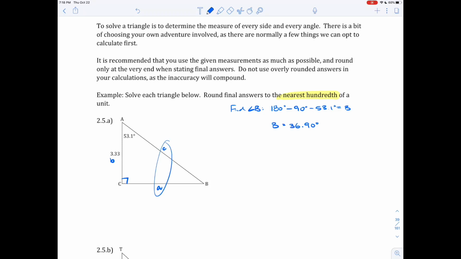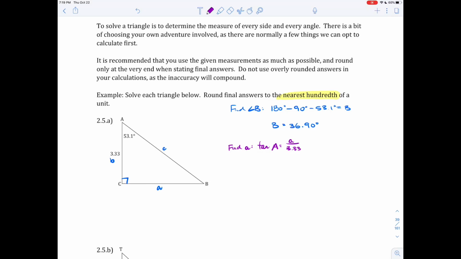I need to find C or A. Again, doesn't really matter which one I choose first. I'll go with A. So I'm now going to find A in a different color just to separate the stuff here. And for this angle that I know, we've got opposite and adjacent. I'm going to play with tan. Tan of angle A will be side A over 3.33.